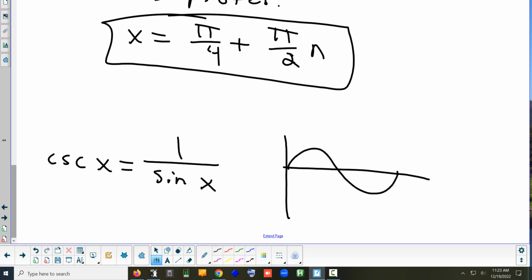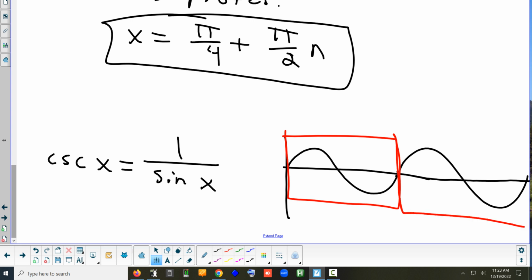3. Well, it only crosses it once in that. Right? Well, remember, it goes forever. So per cycle, how many times does it cross? 2. We can't say 3 because think of it like this. Here's a cycle. Here's a cycle. Each one of those boxes has to have the same number of x-intercepts.